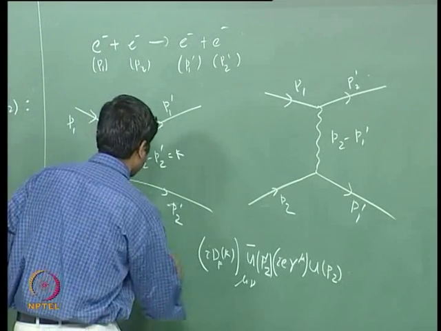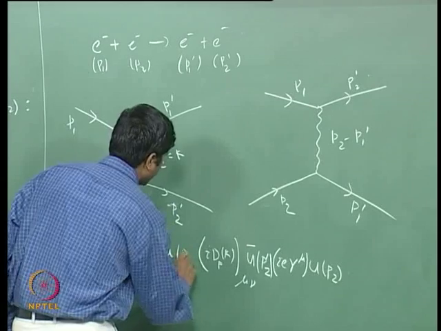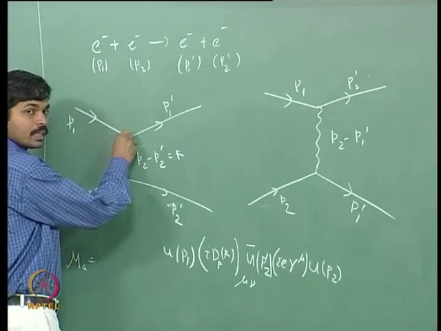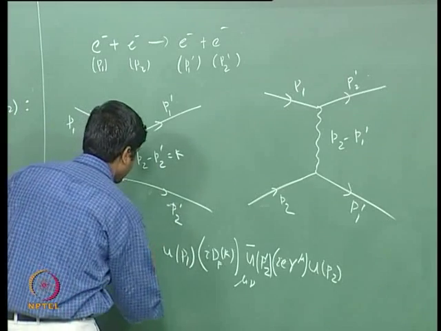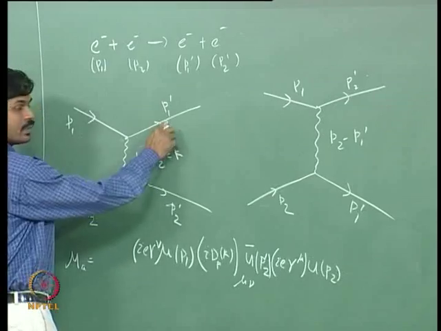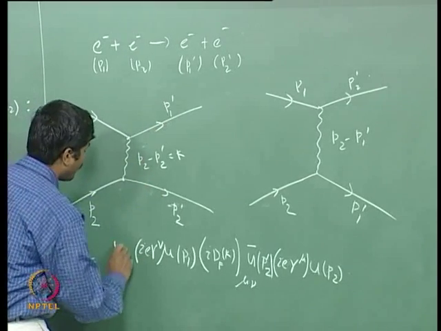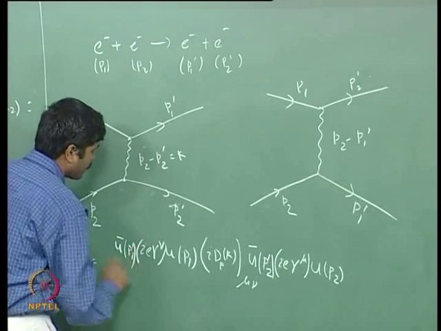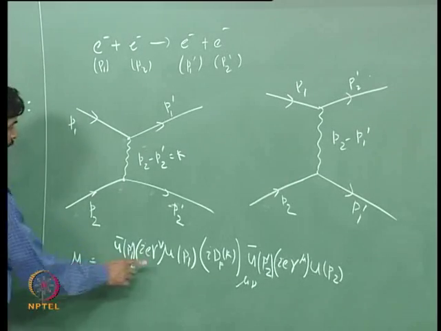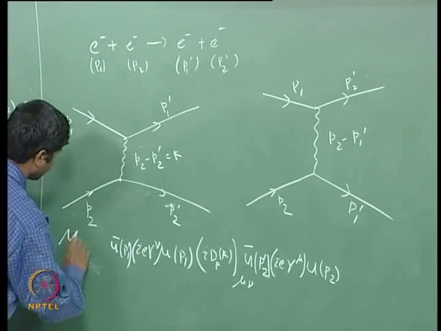So, you write u(p1), you write i e γ^ν for this interaction vertex, and then you have ū(p1'). Okay. So, our M_A is given by this.